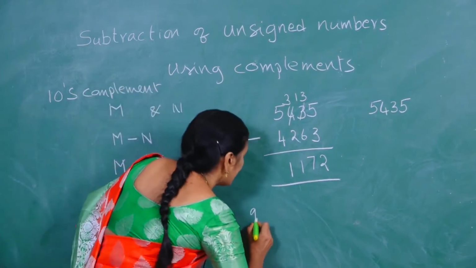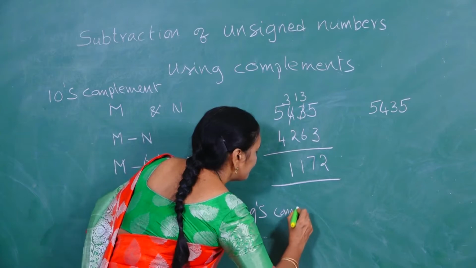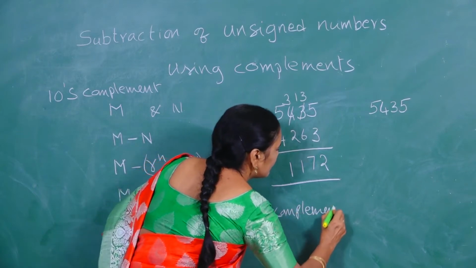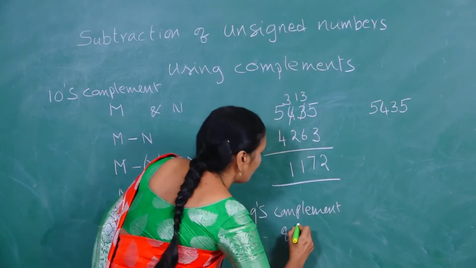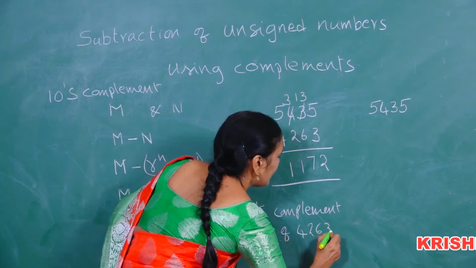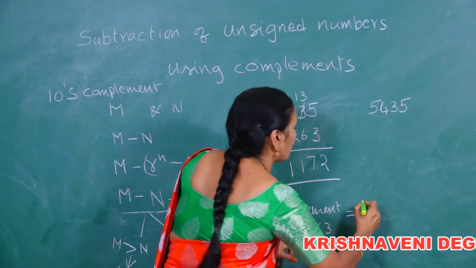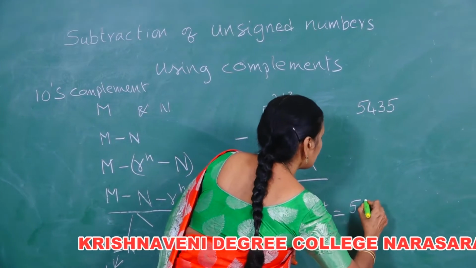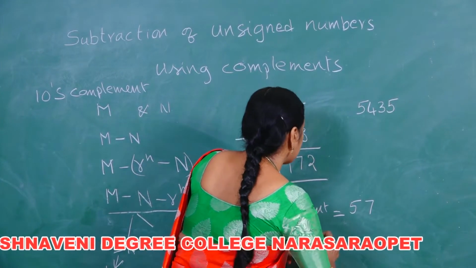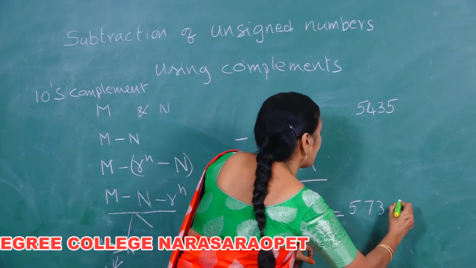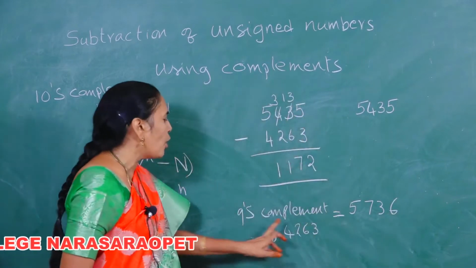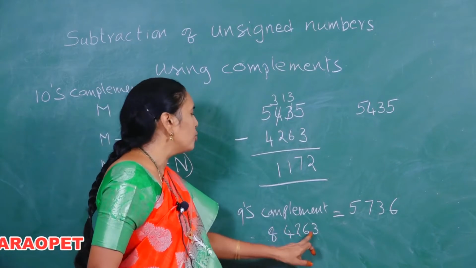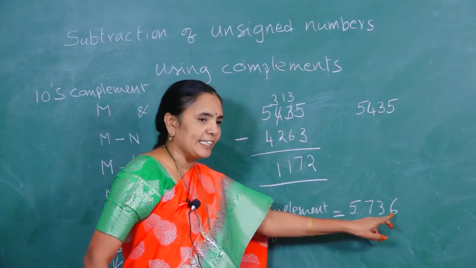Let us see the 9's complement of 4263. 9 minus 4 is 5, 9 minus 2 is 7, 9 minus 6 is 3, 9 minus 3 is 6. So, the 9's complement of 4263 is 5736.